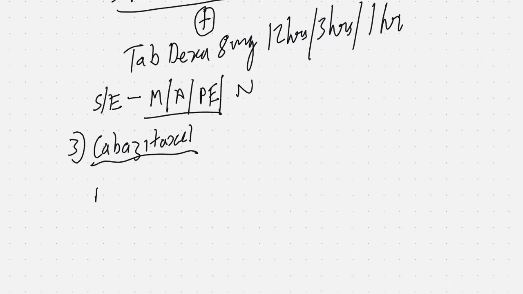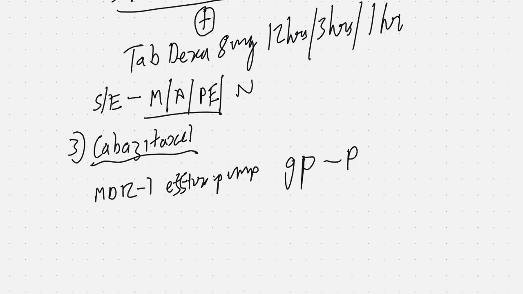Okay, so this is an efflux pump. This is also called the P-glycoprotein efflux pump as well. So what this does is it effluxes the drug or pushes it out of the tumor cell and prevents its action on the tumor cell. Okay, so that is the major resistance mechanism for docetaxel.